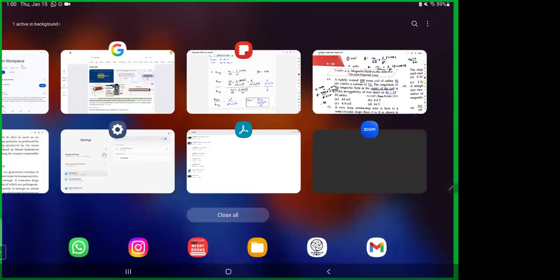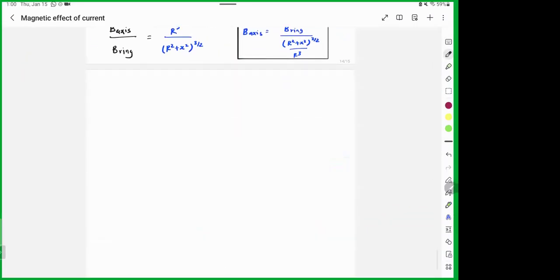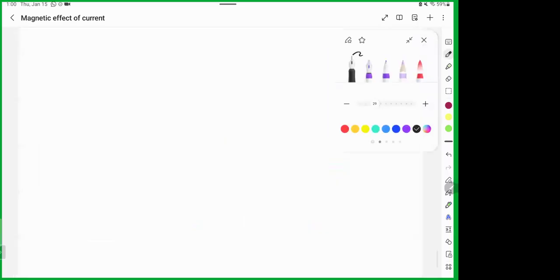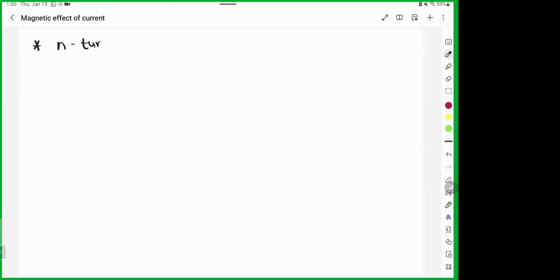Wait, I will explain it here. For n number of turns, your magnetic field at the center will be mu naught upon 4 pi into I by R square, multiplied by 2 pi R. Or this is also equal to mu naught I. One R cancels, 2 pi will be equal to this 2.